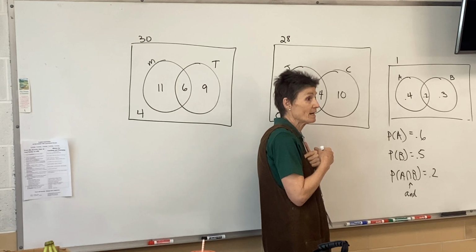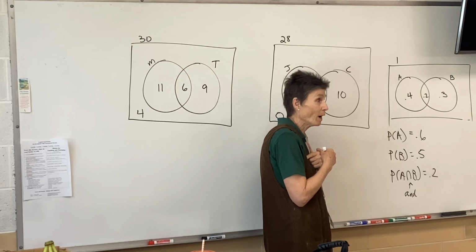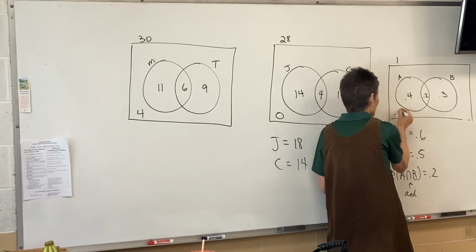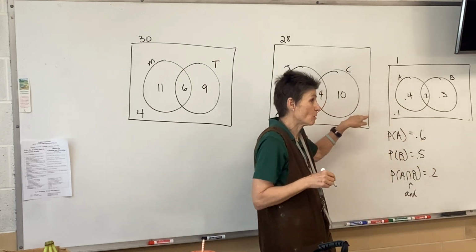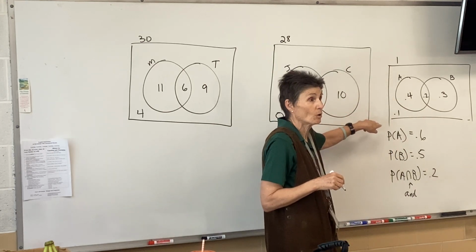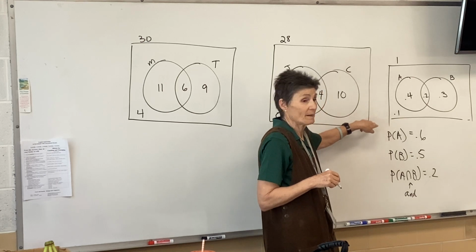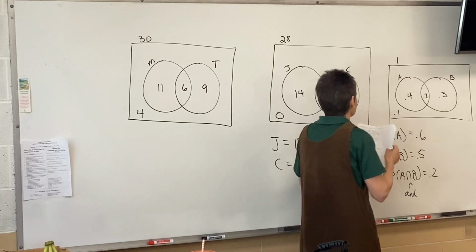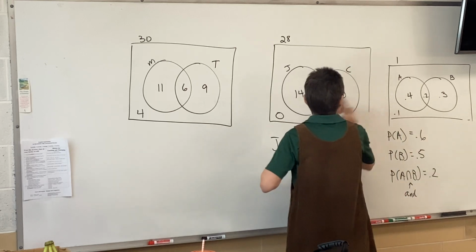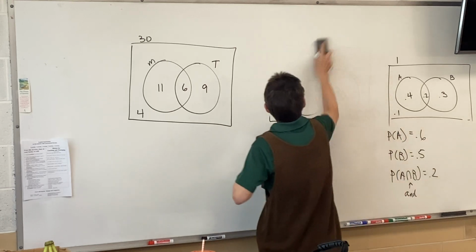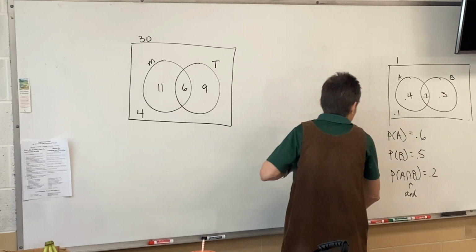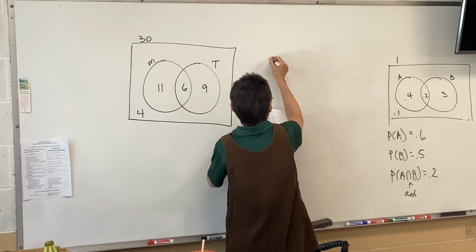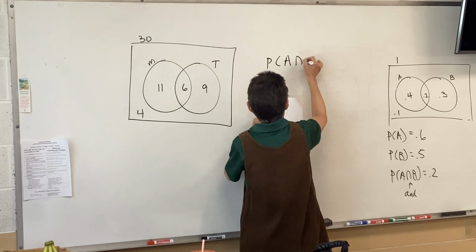You have 0.9 in there, which means there's 0.1 out here, and what are those people? Those are the people that don't like apples or bananas. All right, let's answer the questions. So, all we've done so far is fill in our Venn diagram. Now we're going to start answering these questions.